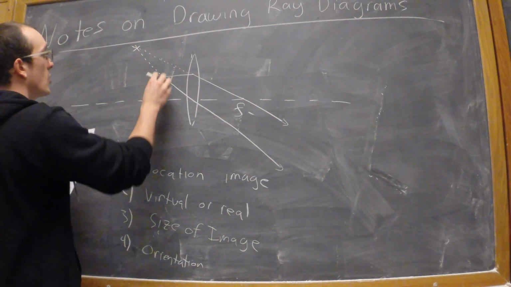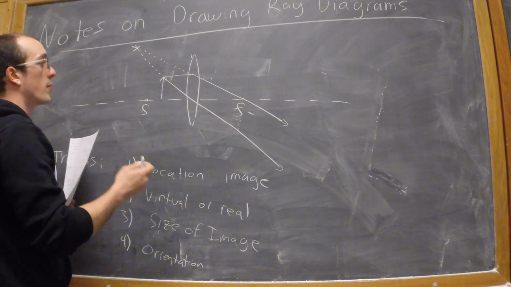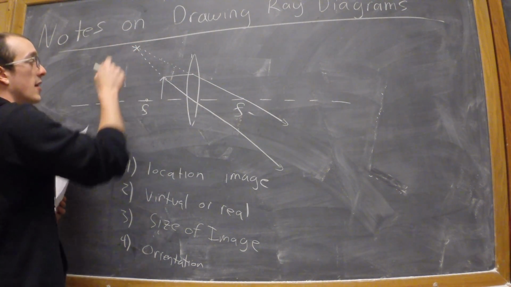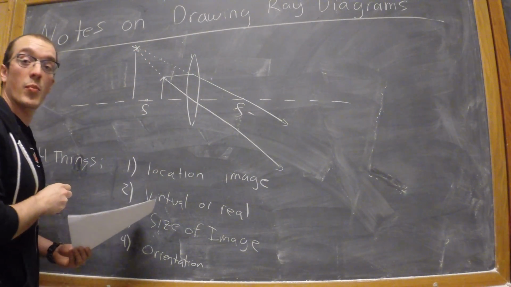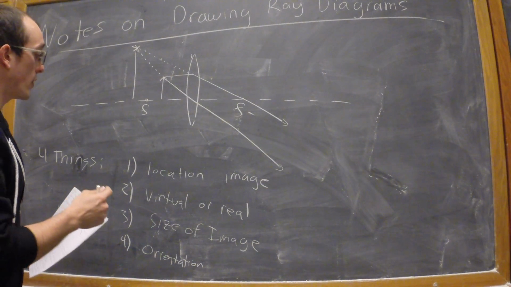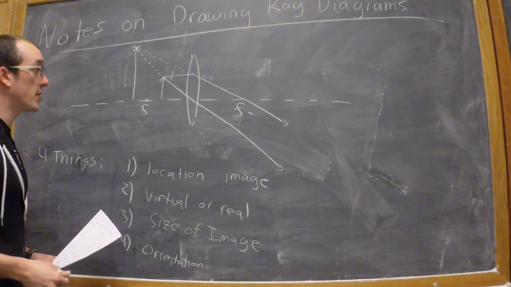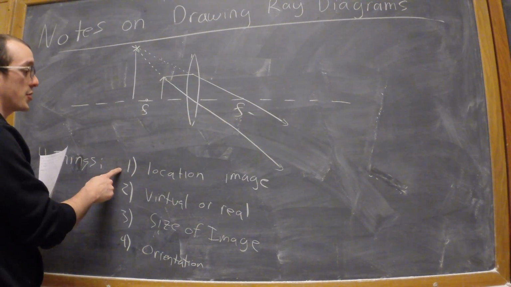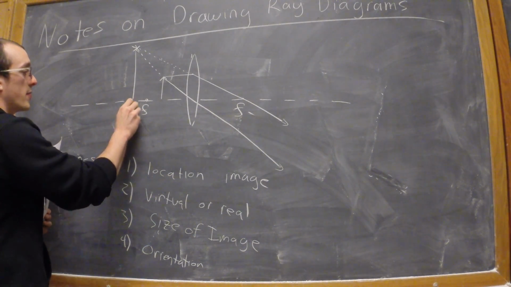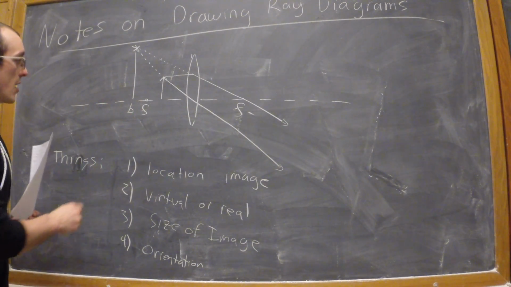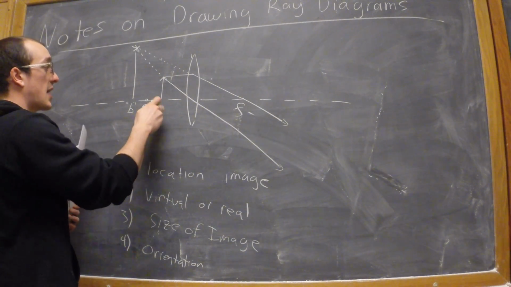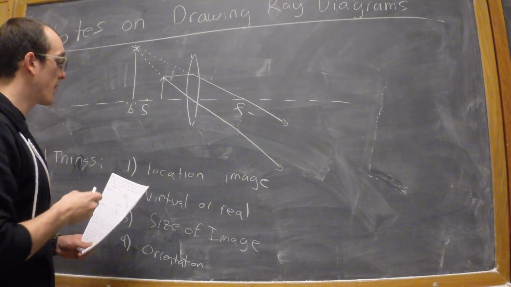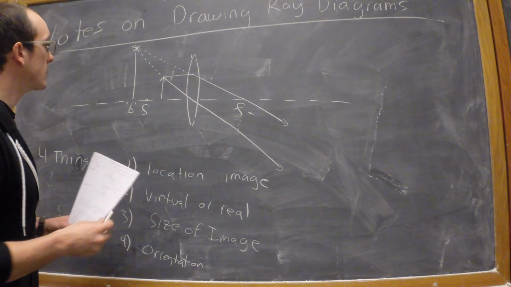So in this case, we see that when we project these lines backwards, they cross up here, and we draw an arrow to that point. So again, we can look at our four different criteria that we want to determine, and we can see the location of the image is at point B. And because it's on the same side as the original object, we call that a virtual image.